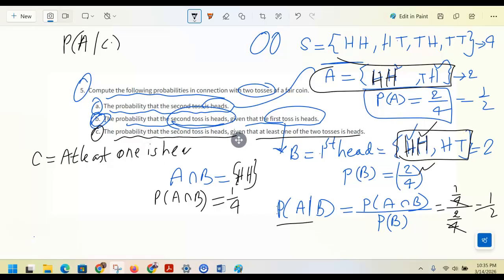When I write at least one is head, it means here also there is one head: head tail, or tail head, or head head. At least one of them should be head. There are three of them. So probability of C is 3 here.